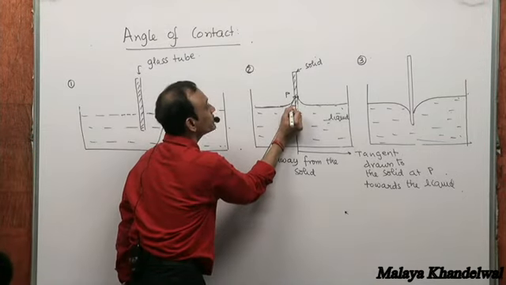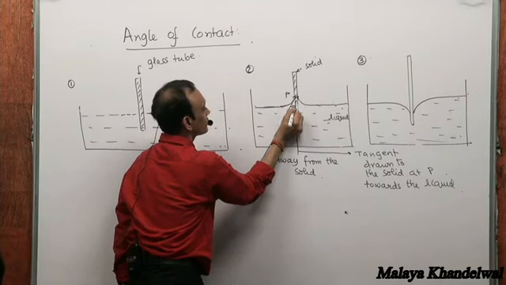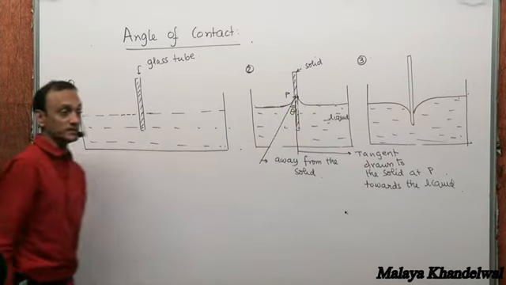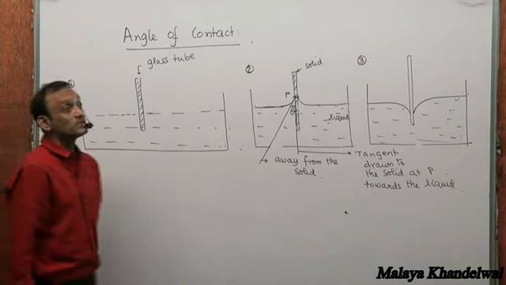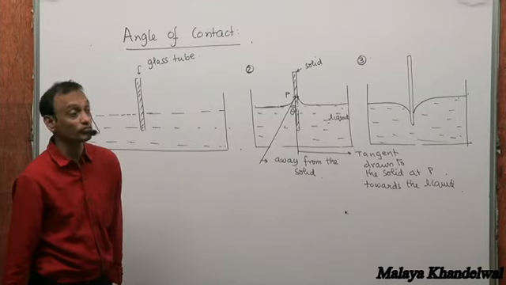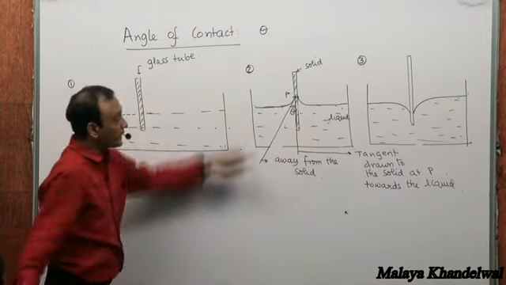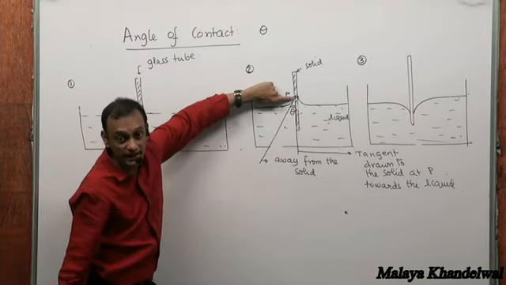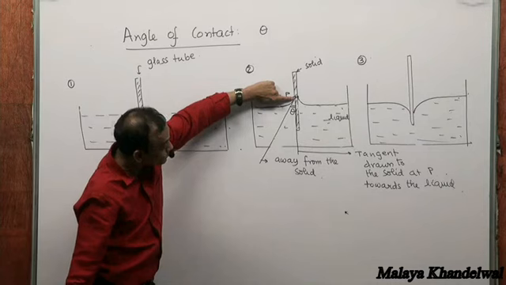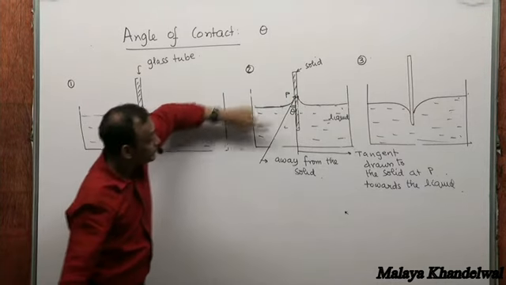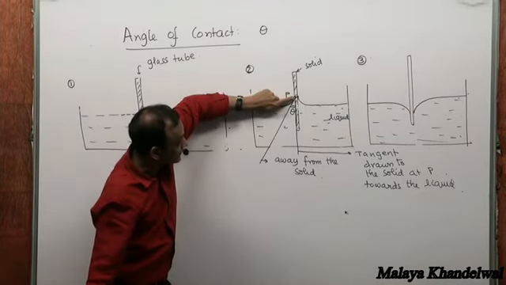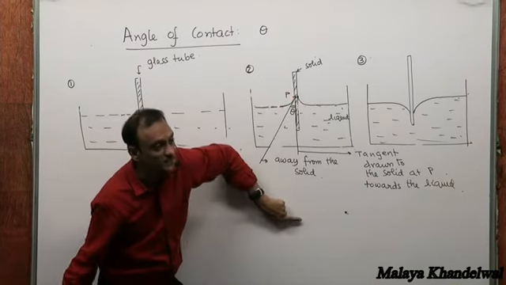Then the angle between these two tangents, theta, is called the angle of contact. Angle of contact is this very theta. Angle drawn to the liquid surface at the point of contact away from the solid, angle drawn to the solid at the point of contact towards the liquid.